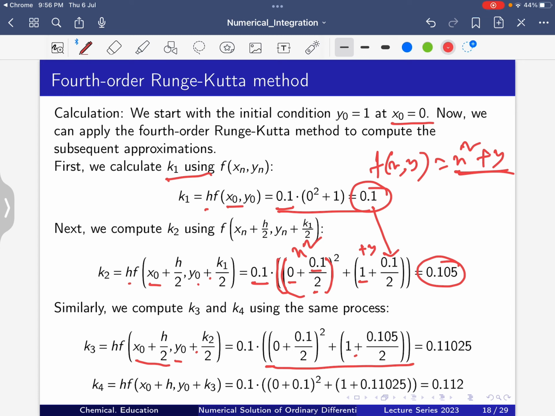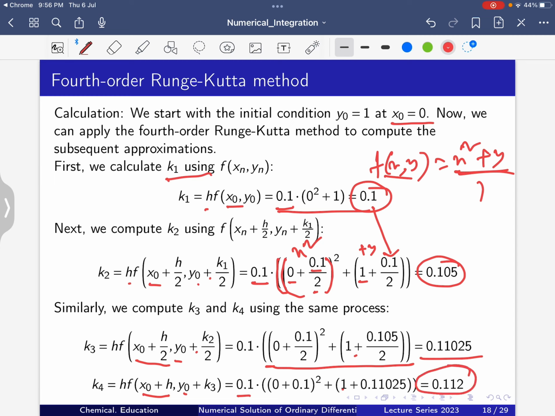After doing the calculation, we will get 0.11025. And k4 is h into f of x0 plus h, y0 plus k3. So h is 0.1 and f of x0 plus h is 0 plus 0.1, y0 plus k3. So y0 is 1 plus k3, and that goes into the formula. So 0.1 times x square plus y will give 0.112.